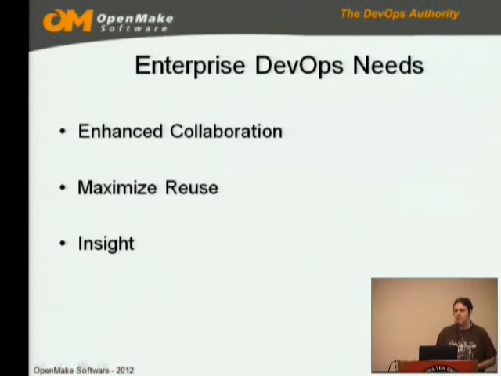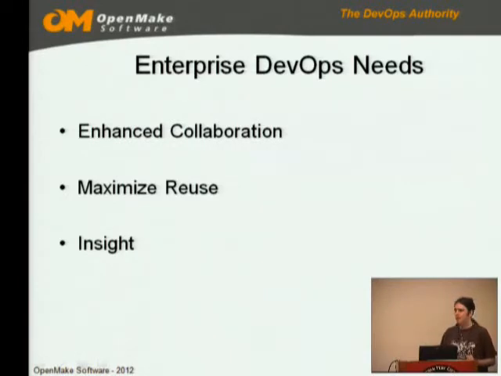So the basic idea, as far as what a tool set might enable an organization to do, I think of these three as the major points that you want to hit with a DevOps tool set.